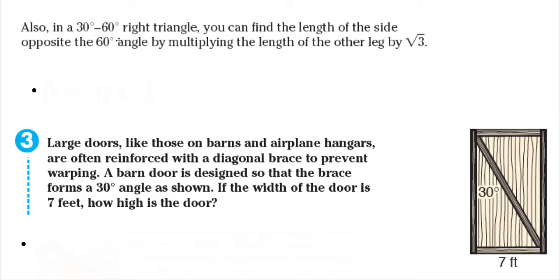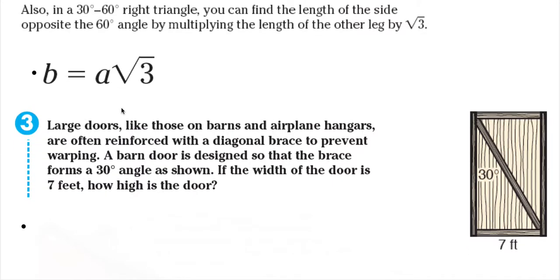Now, how do we find the length of the side opposite the 60-degree angle? We multiply the length of the other leg by radical 3. Or we follow this formula to find B, which is opposite our 60-degree angle: B is equal to A radical 3.